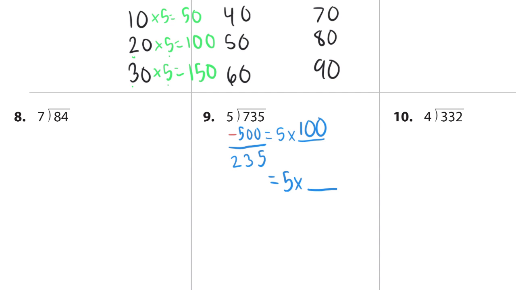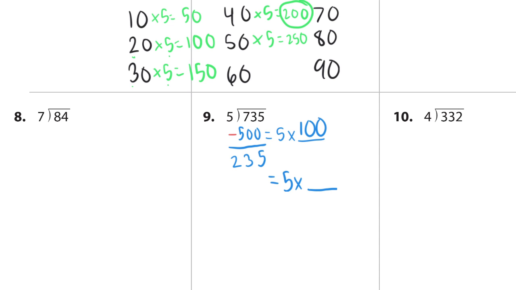I'm still not close to 235. I'm going to keep going. 40 times 5 is 5 times 4 is 20, and then I have to add one more 0. Oh, that's getting close. Let me see if I can go to 5 times 50. 5 times 5 is 25, and one more 0. Oh, that's too high.